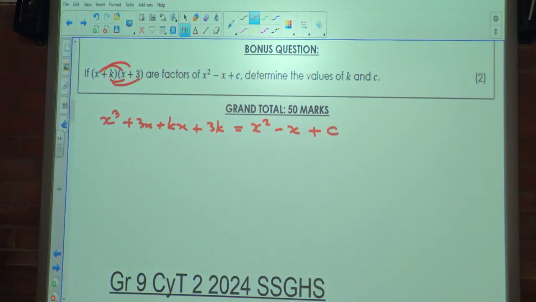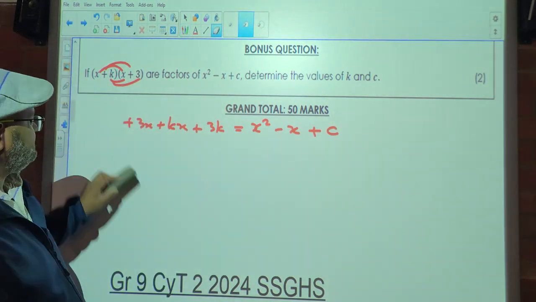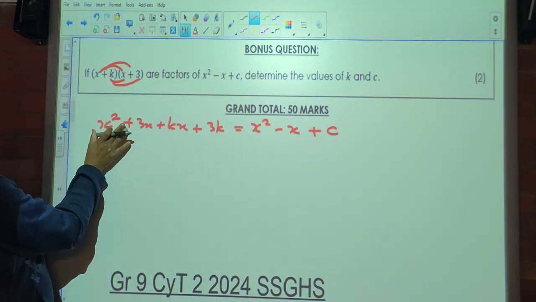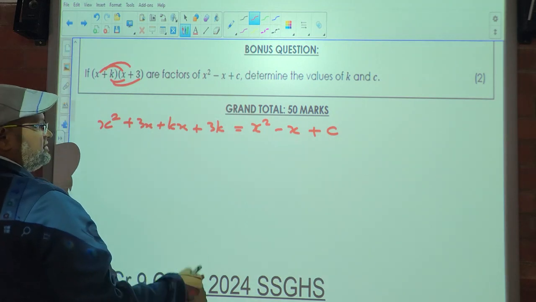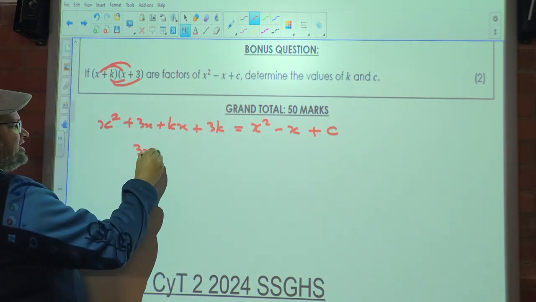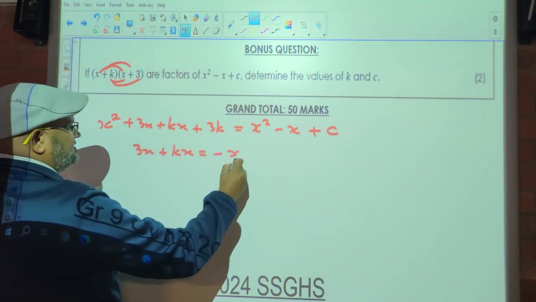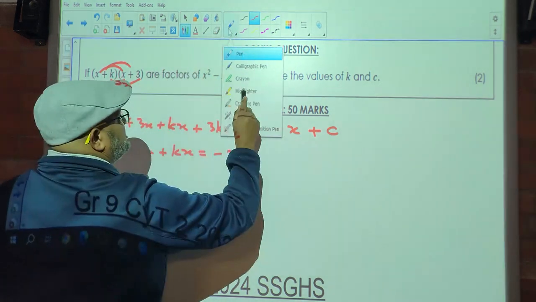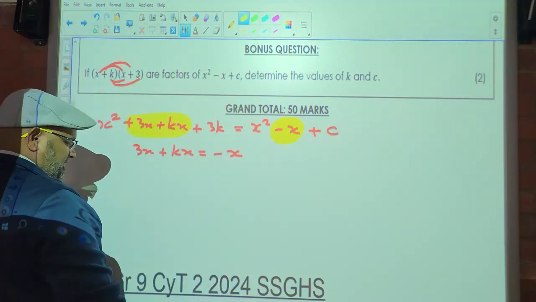You see that? So, not x cubed but x squared. You see the first term is equal. Can you see that, people? So that we can ignore, we can drop that. However, we've got 3x plus kx has to be equal to negative x.